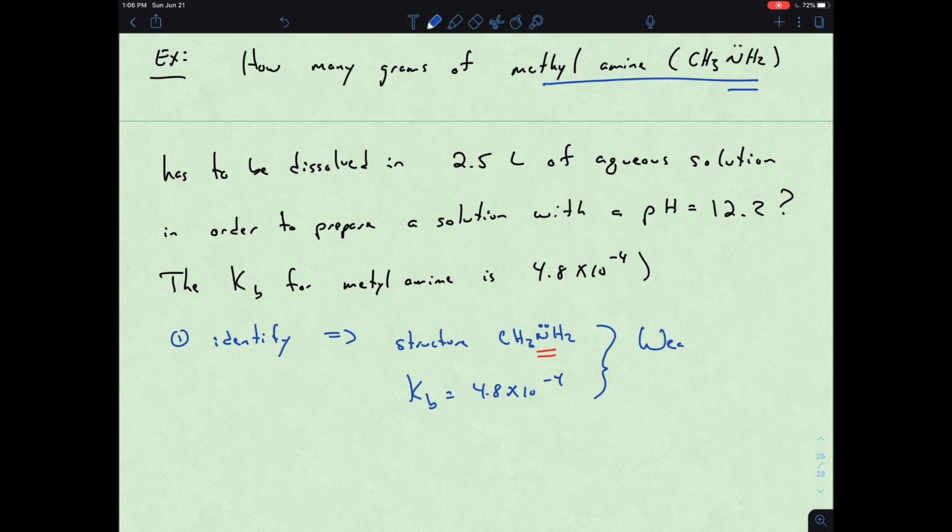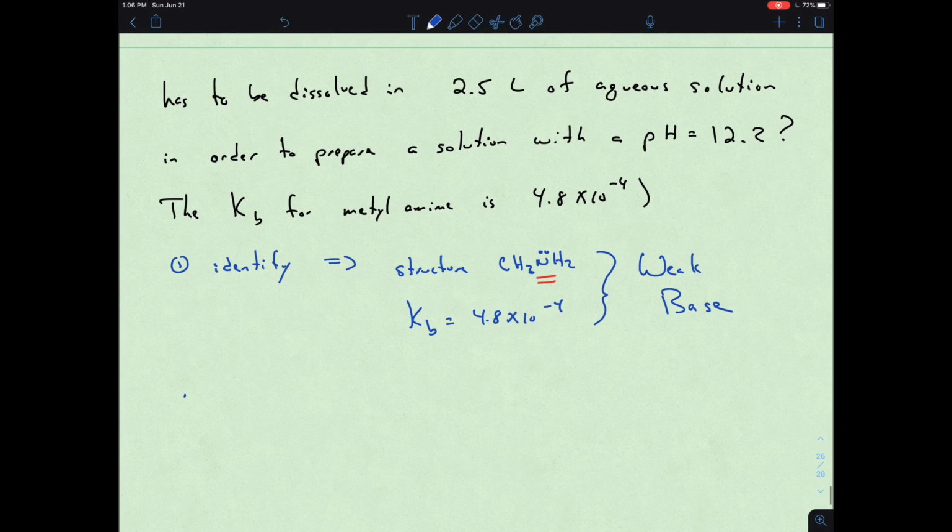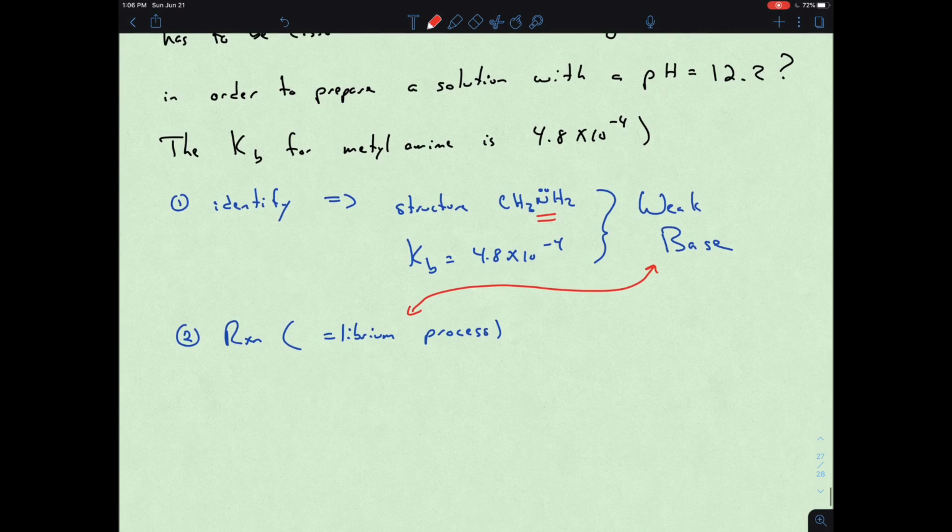And so both of those are identifying this methylamine as a weak base. So with the weak base, that allows us to determine our reaction. This is going to be an equilibrium process.